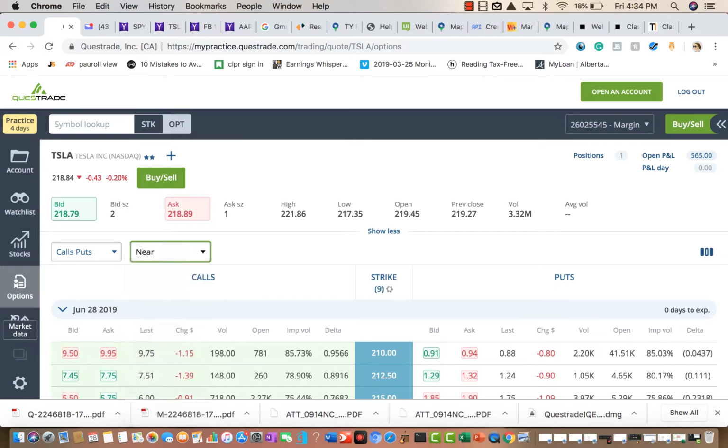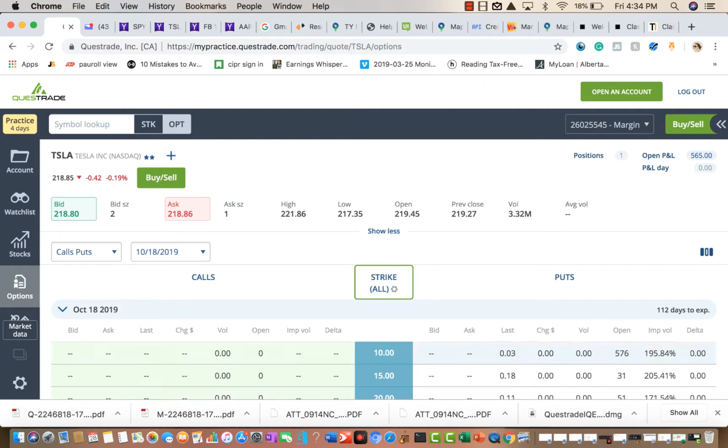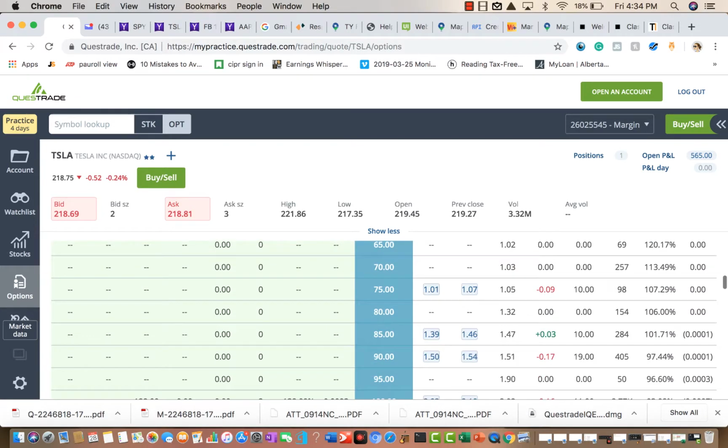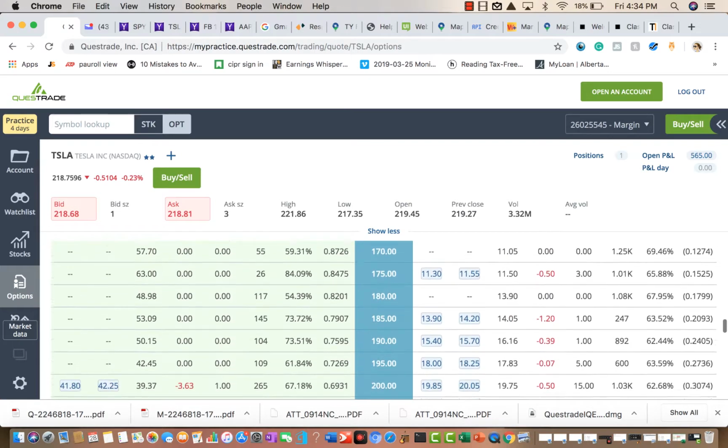In this case, let's choose October 18 as an expiration. And remember, we're gonna choose all for the strike price so that it lists all of the different options available to us with different deltas. Again, when you are buying calls or puts, you wanna choose delta close to 0.8.